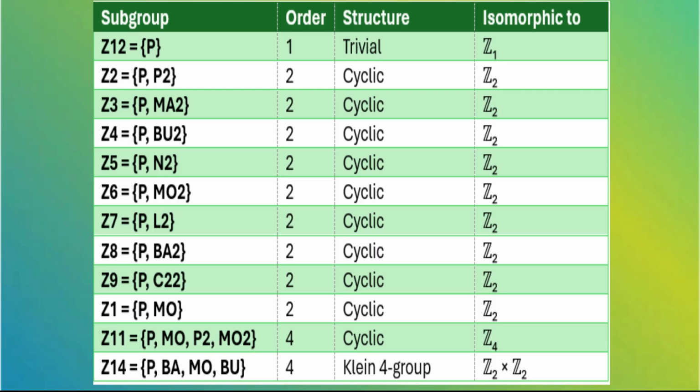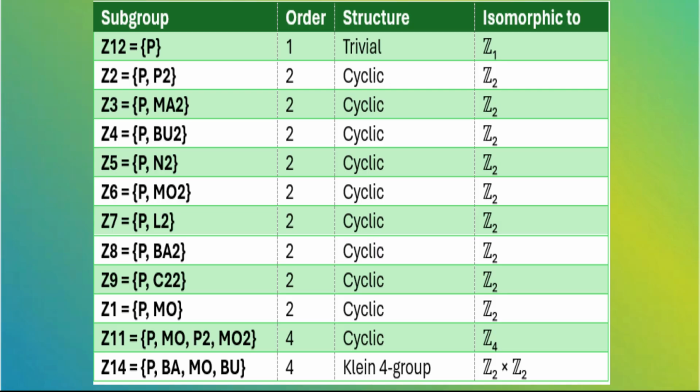So for our Z sub 12, here is our C sub 12. It's equal to P, so it must be here order 1, and then trivial, the structure is trivial, and then it's isomorphic to integers modulo 1.